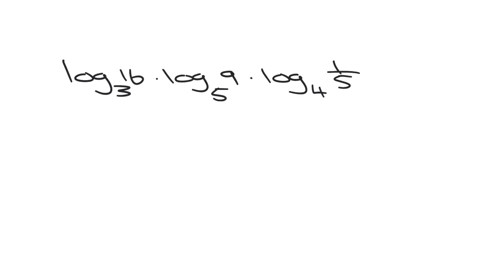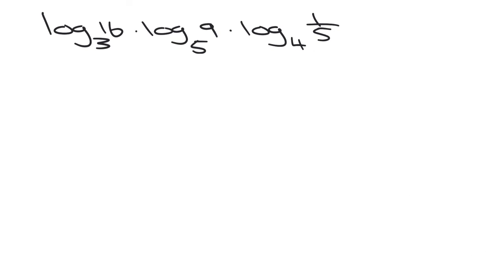All right, so I'm sure that made sense and it was quite enjoyable. So now we're going to look at another problem, which is going to be our final problem for this section. We have log of 16 base 3 multiplied by log 9 base 5 multiplied by log a fifth base 4. So we're going to apply the change of base formula here.